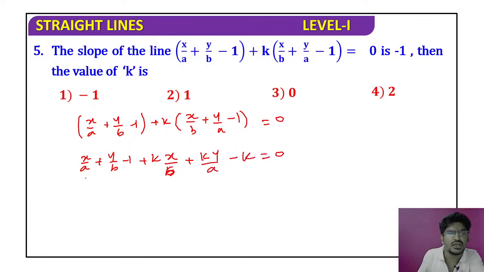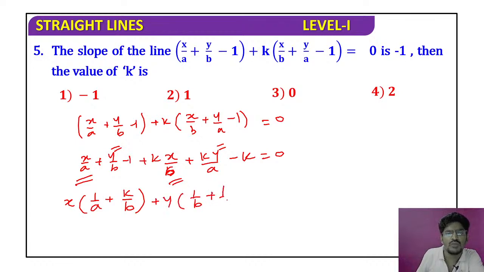You can take x common from these two terms, x into 1 by a plus k by b. You can take y common from these two, plus y into 1 by b plus k by a, and the remaining term is minus 1 minus k equal to 0. Clear?